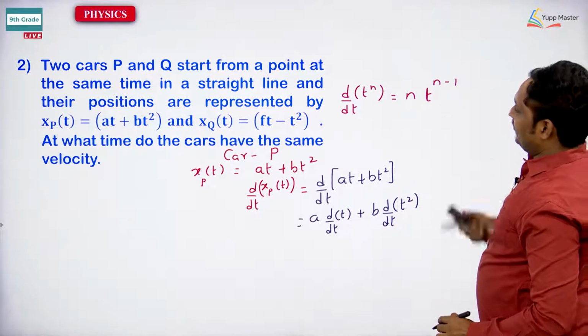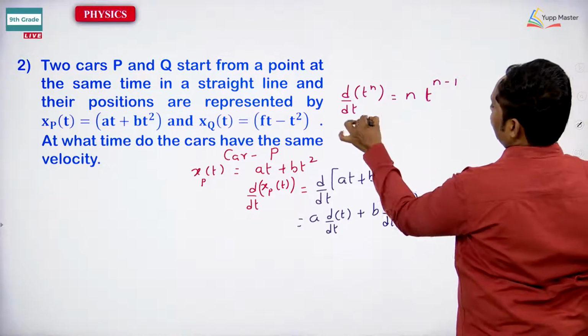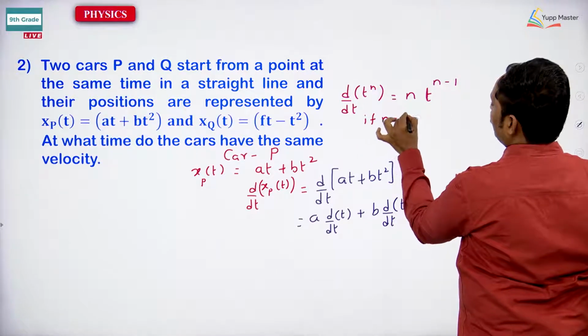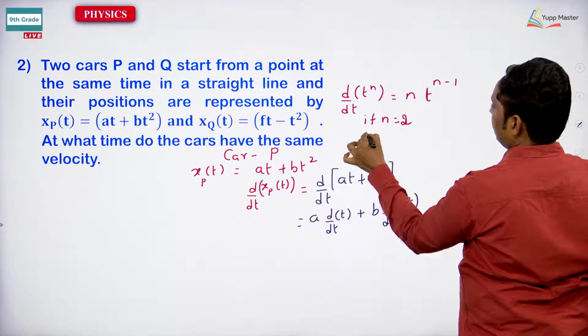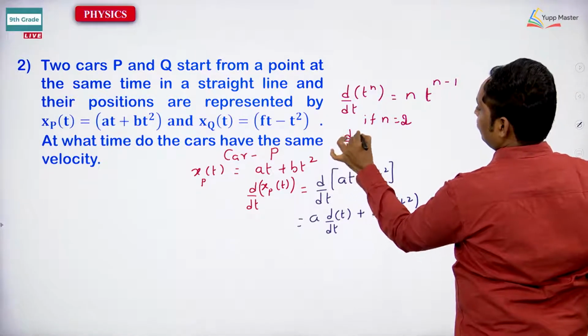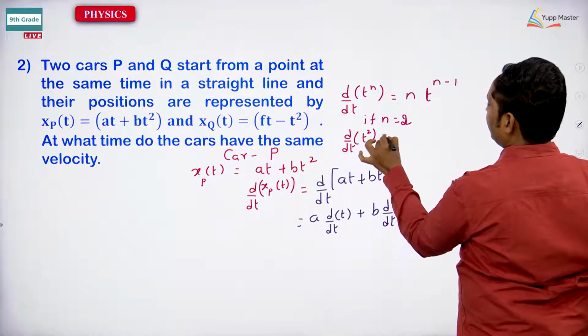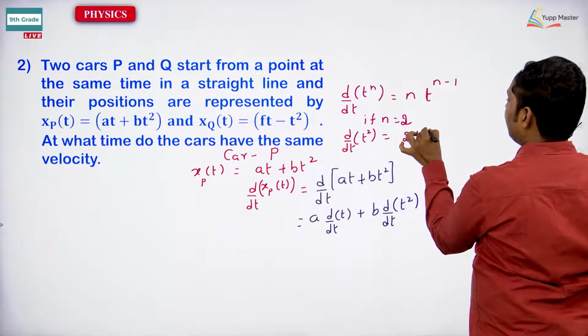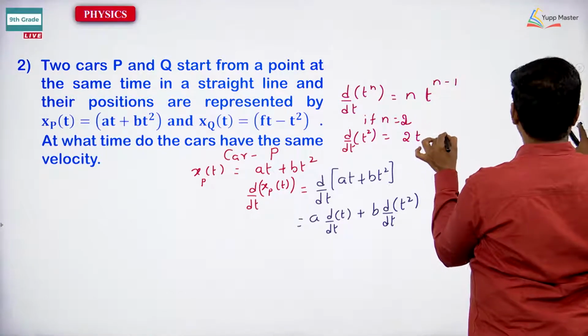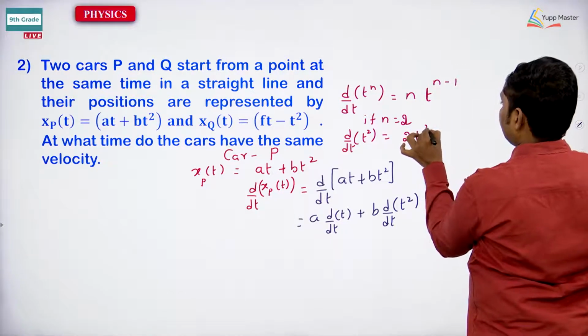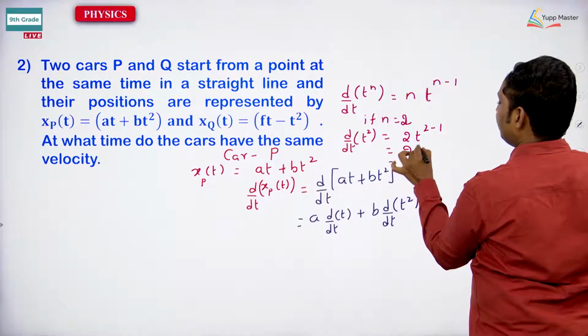In the place of n, let us take n is equal to 2, it is better. Therefore, d by dt of t power 2 is equal to 2 into t power 2 minus 1, that is 2t power 1.